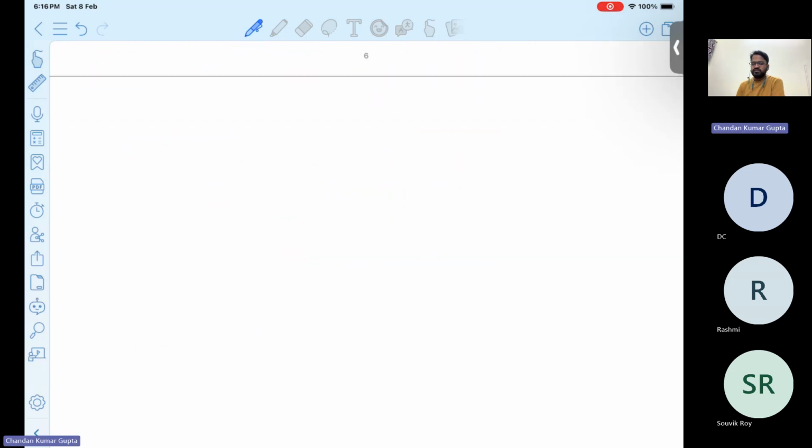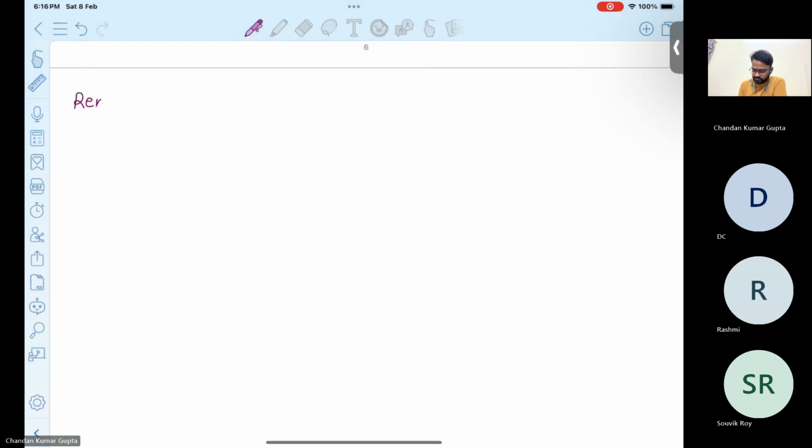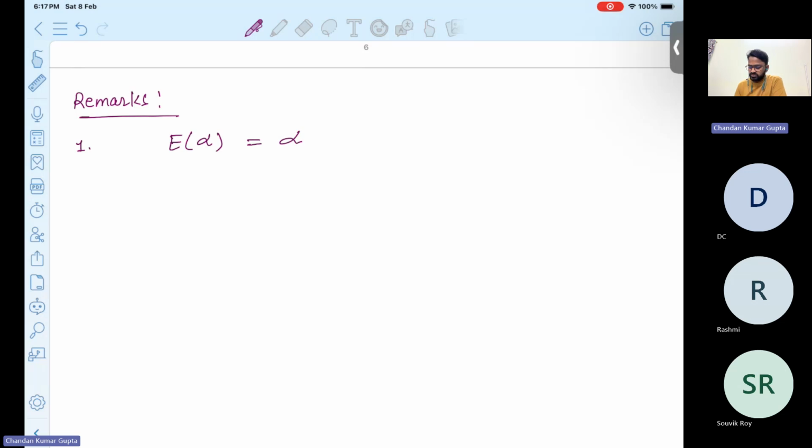Now we have some remarks for the discrete random variable. The first remark is, suppose we have a scalar quantity or constant alpha, then the expected value of a constant is always that constant.